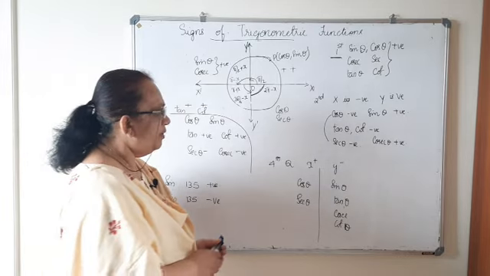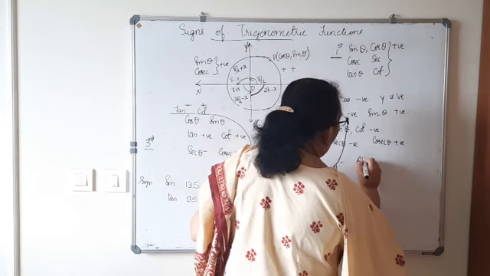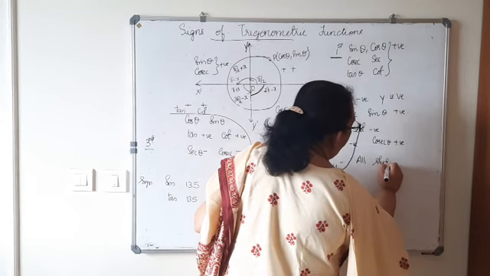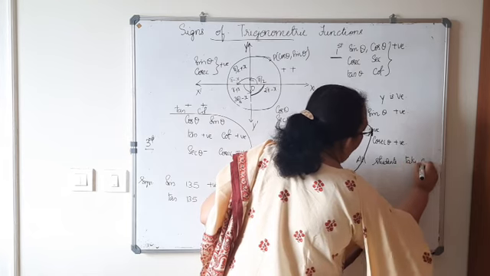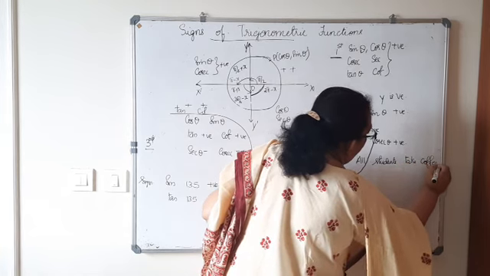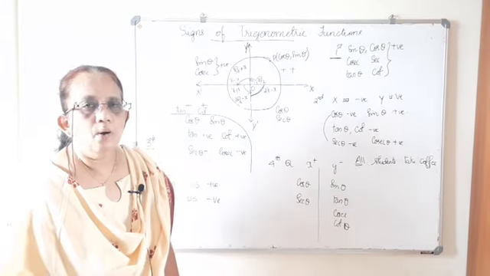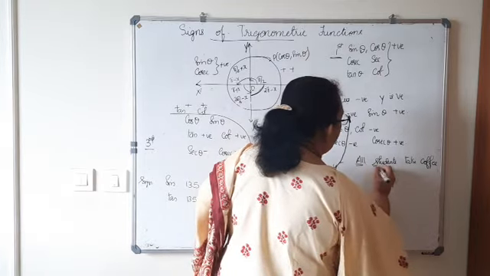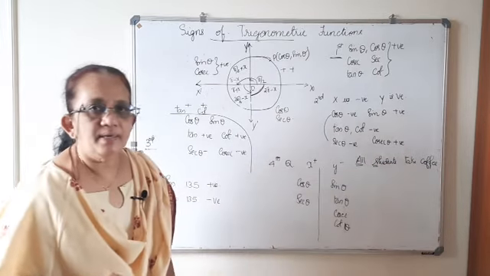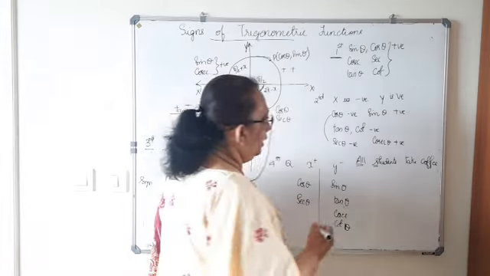So there is an abbreviation. Students used to memorize it as All Students Take Coffee. That is, in the first quadrant, all trigonometric ratios are positive. In the second quadrant, students, S, sine and its reciprocal, cosec, are positive.